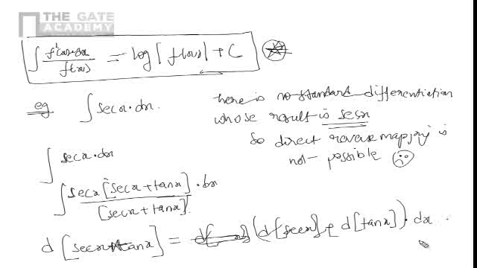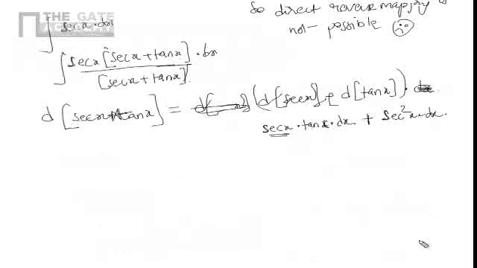What is the differentiation of sec x? Differentiation of sec x will be secant x tan x dx, plus the differentiation of tan x, which will be sec square x dx. Here I have one secant x, here I have one secant x.